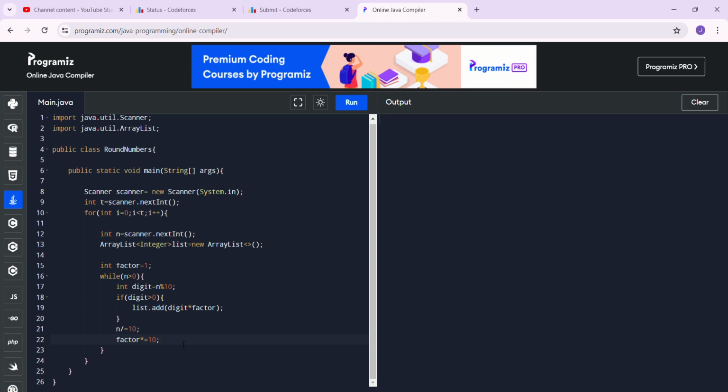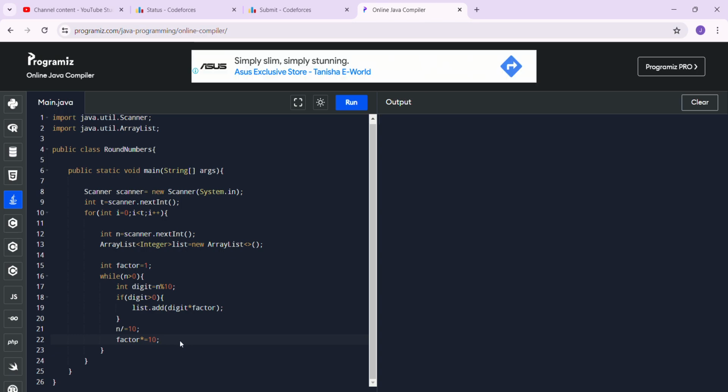We have stored our round numbers in the list. Now we will print the count of round numbers.